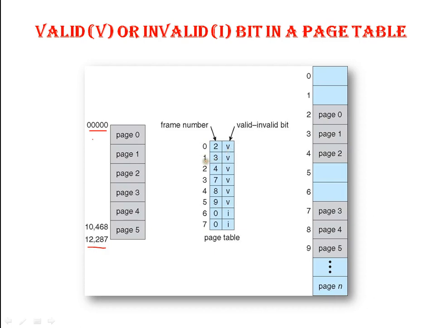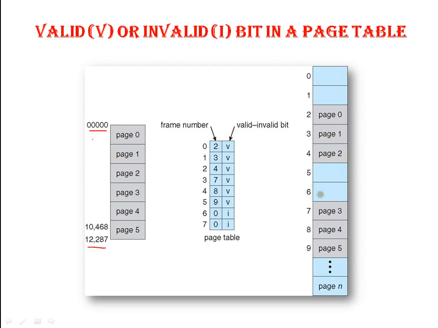Next, page 1 and page 3 also have valid bits. If it is present, then it is a valid bit, and the action can be read-write or read-only. Next, page 2 is also valid, page 3 is valid, page 4 is valid, page 5 is valid. But if I see page 6, the frame number is 0.